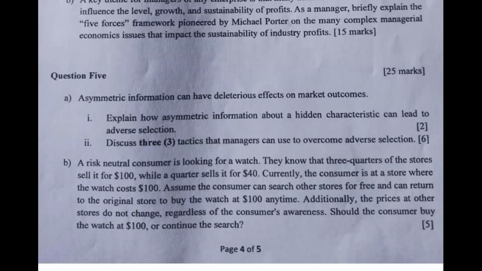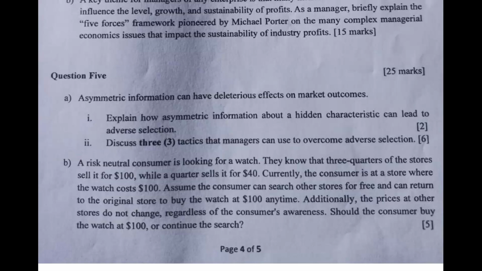Now, what is asymmetric information, first of all? That's what you have to understand before you can start the discussion. Asymmetric information occurs when one party in a transaction has more or better information than the other. For example, in a transaction with a seller and a customer, a seller may know much more about what they are selling than the person buying.